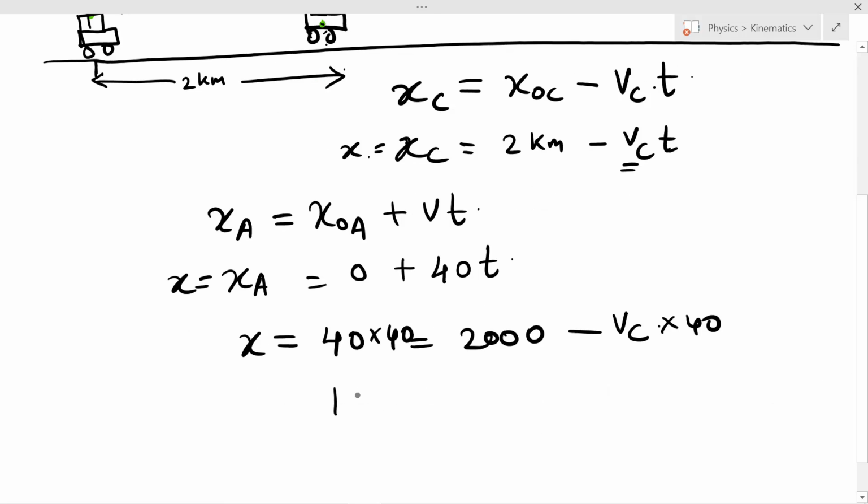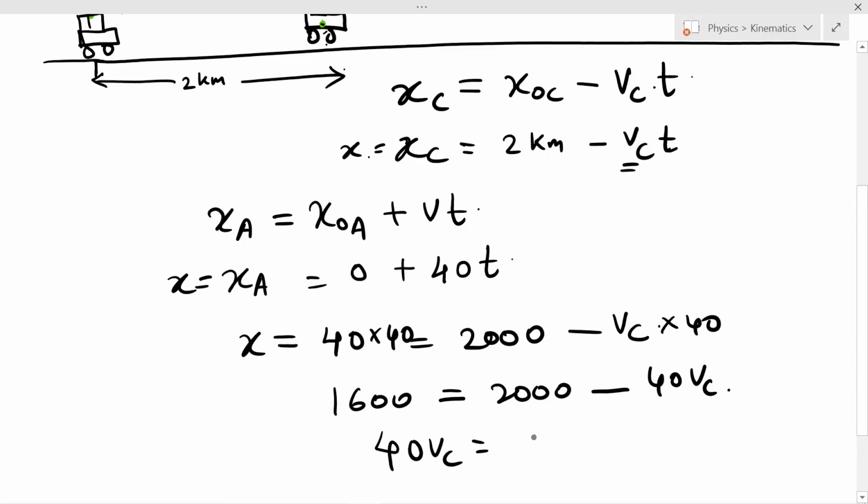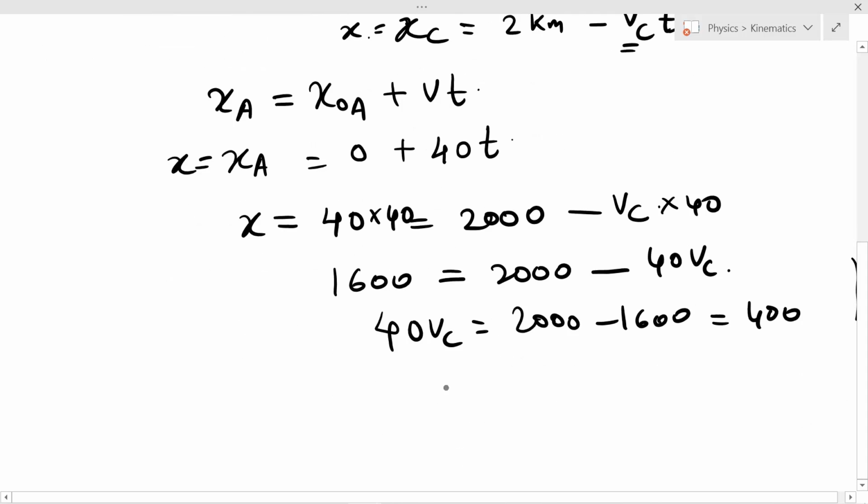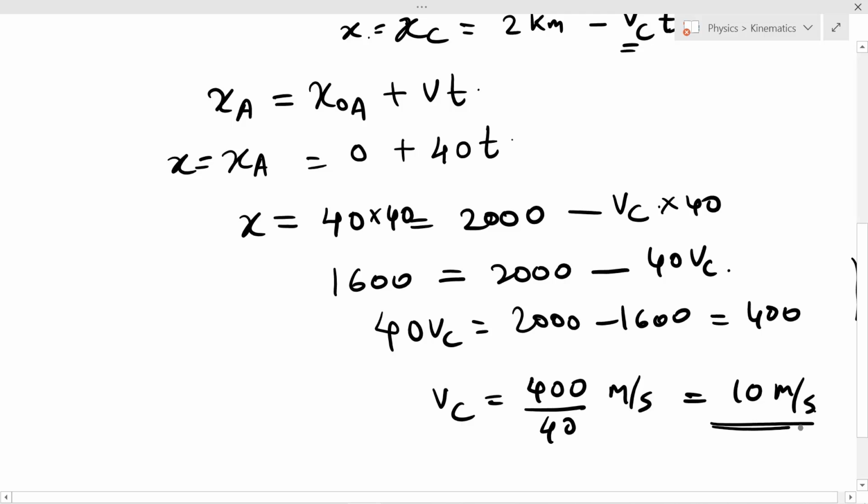Now this is 1600 is 2000 minus 40 times VC. So this goes over here. So 40 VC is equal to 2000 minus 1600, which is 400. So VC then becomes 400 divided by 40 meter per second, which is 10 meter per second. So this is the speed of the cyclist.